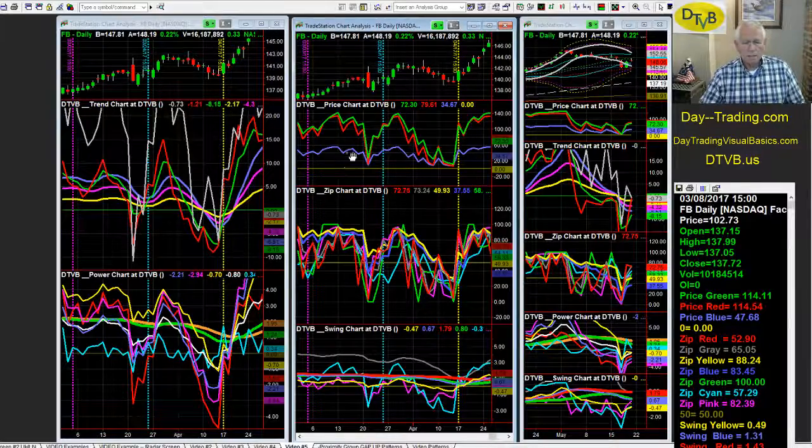I mean, look at what you got here in these 10 or 12 days. You have red green real high above blue in the price chart, and that tells you you're basically in an uptrend. And you can obviously pick your decision each day as you go along, but that separation is what identifies the uptrend.